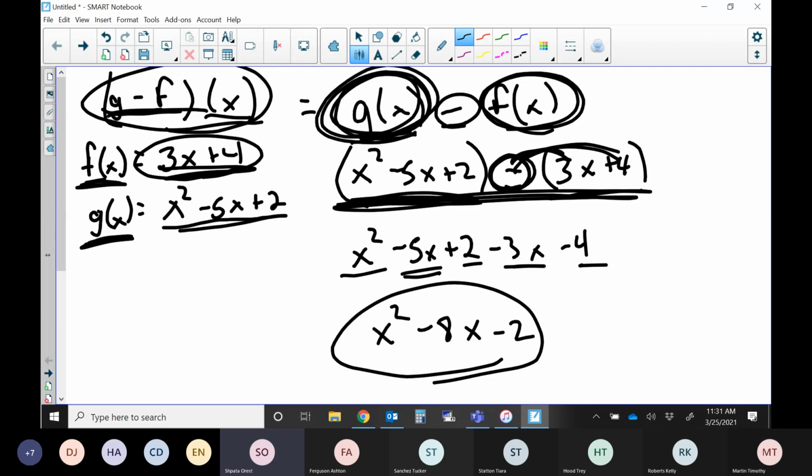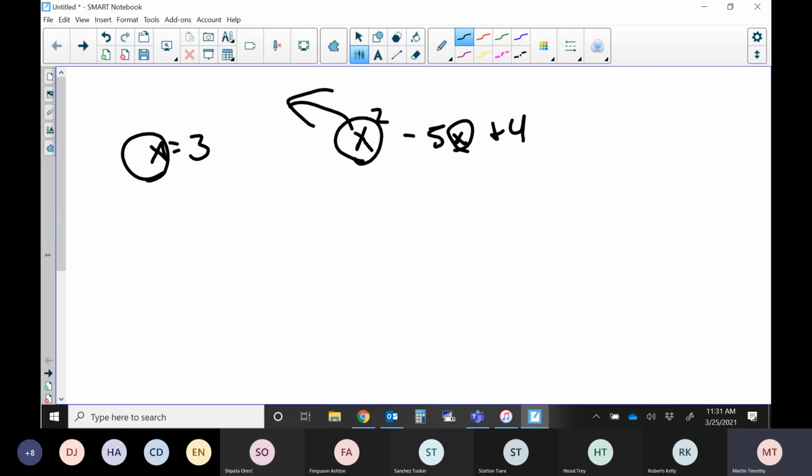Yes. So you're just replacing, right? Like if I said x equals 3, and then over here I have x squared minus 5x plus 4. Well, you're saying, hey, instead of the x, you can take the x's out and put 3 in its place, right? You understand how to do that, Orist, yes? Yes.